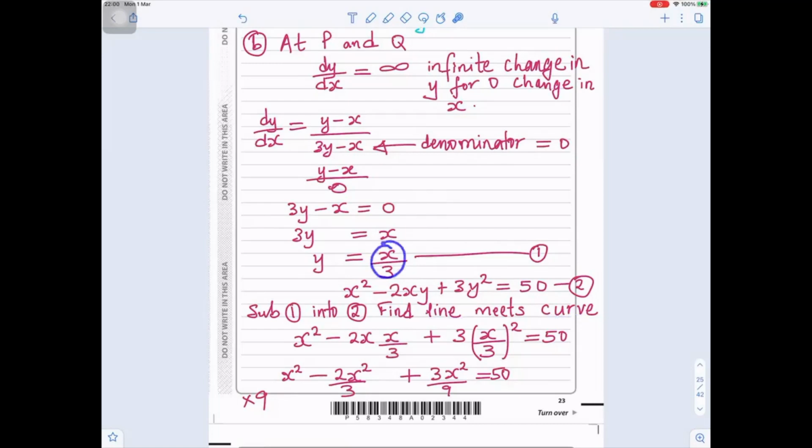So we replace y with x over 3, and we get this expression. And we can multiply all of them by 9, so that we get rid of the 3 and 9. So you times this by 9, times by 9, times by 9, times by 9.